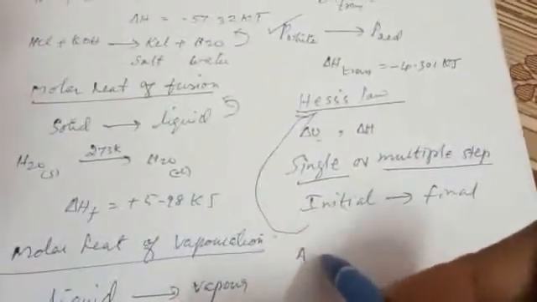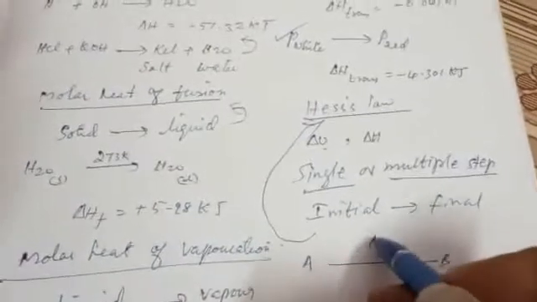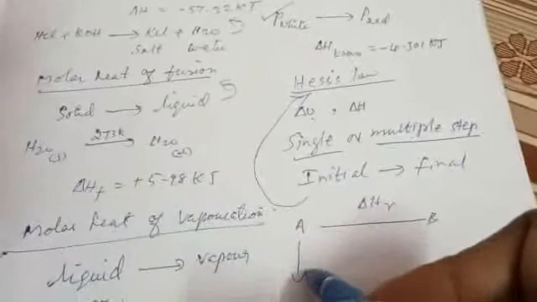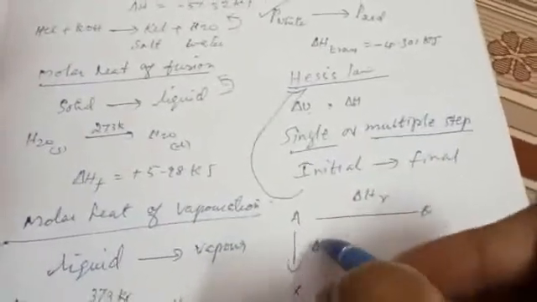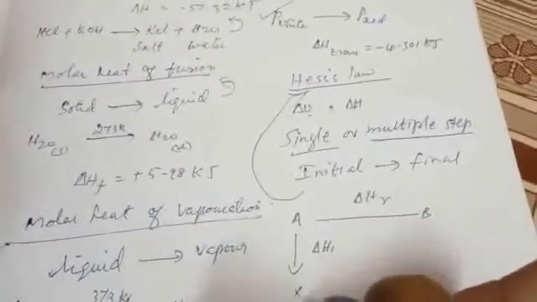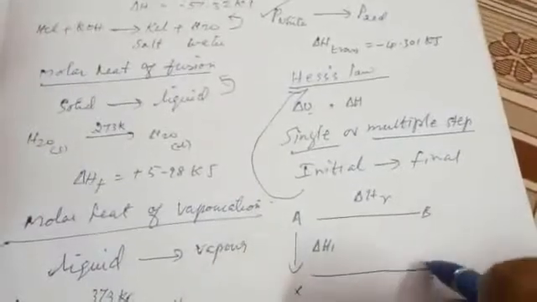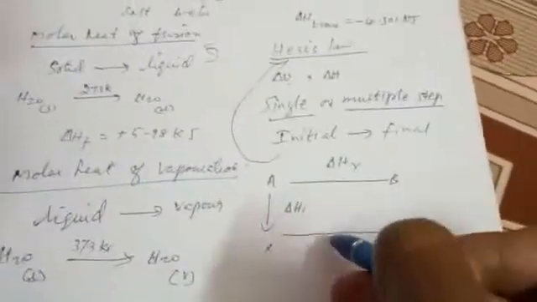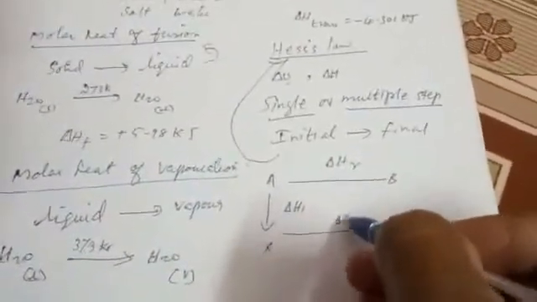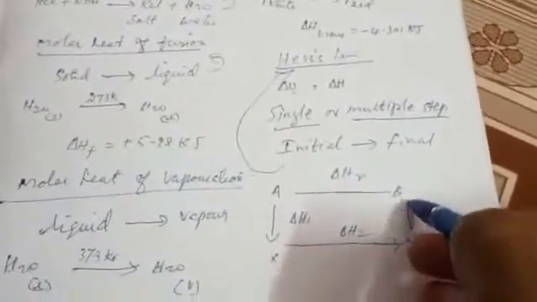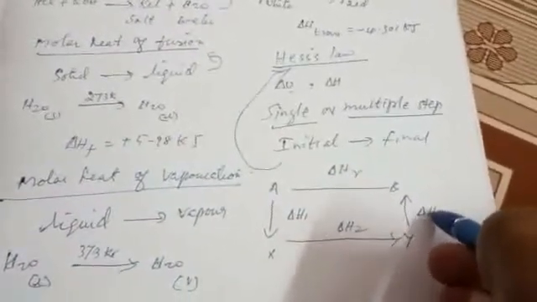For example, A to B is the delta H of reaction in a single step. In multiple steps, A goes to X, which is delta H1; X to Y is delta H2; Y to B is delta H3. Now delta H reaction equals delta H1 plus delta H2 plus delta H3.